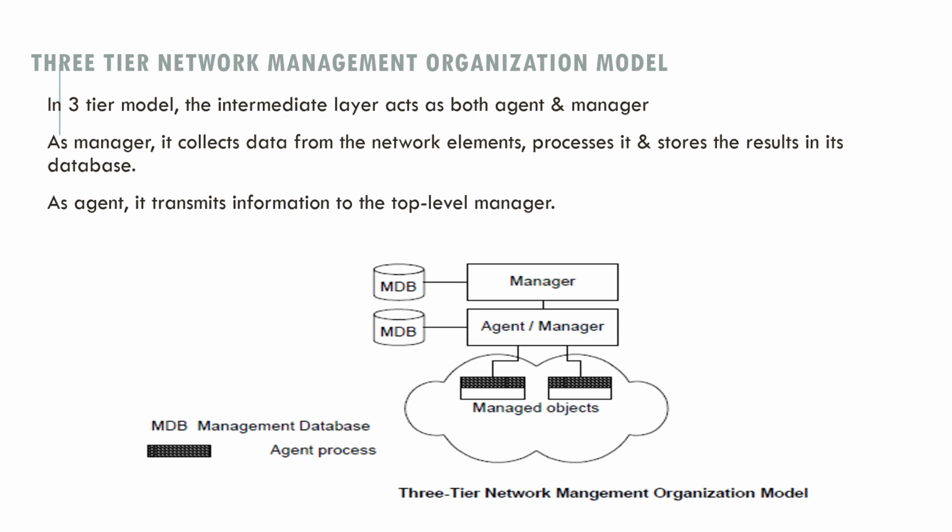And next is the three-tier network management organization model. In a three-tier network management organization model, the intermediate layer acts as both agent and manager. As manager, it collects data from the network elements, processes it and stores the result in its database.